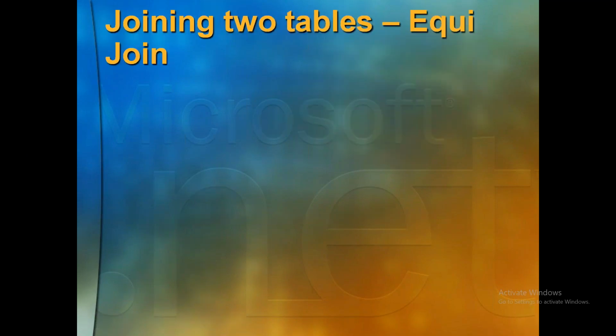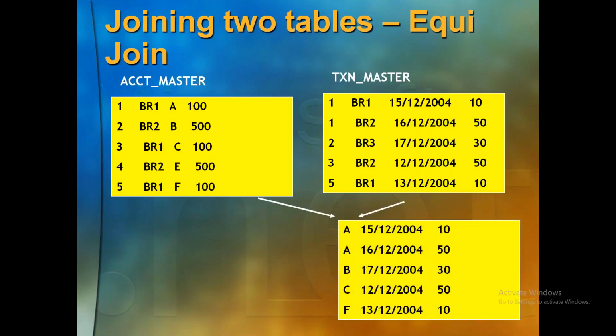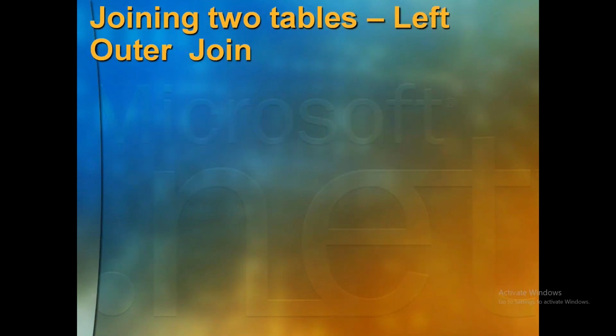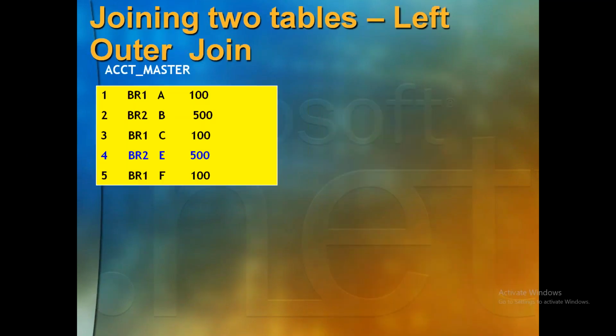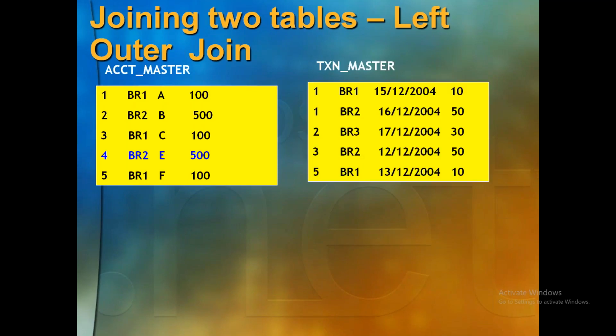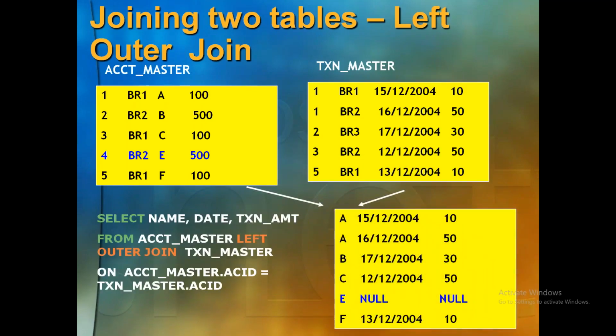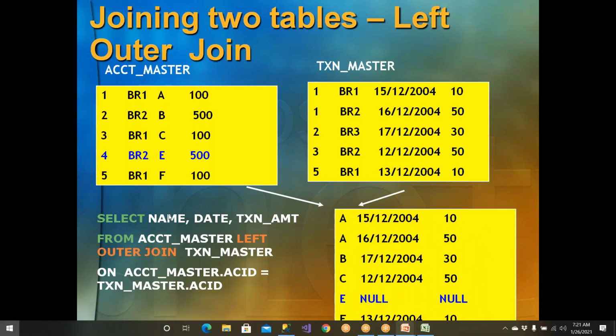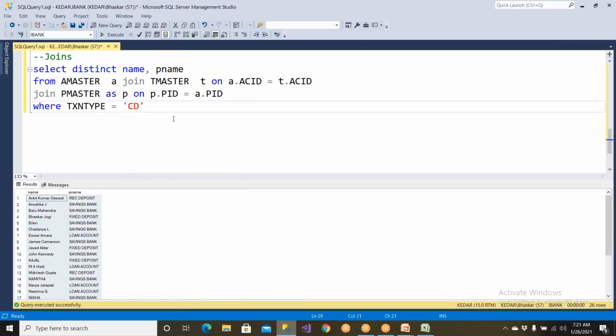Now joining two tables, so we discussed all these things, right? Left outer join, full outer join. So if I wanted to use two tables with the left outer join, what will happen?